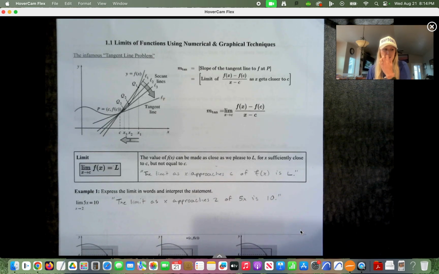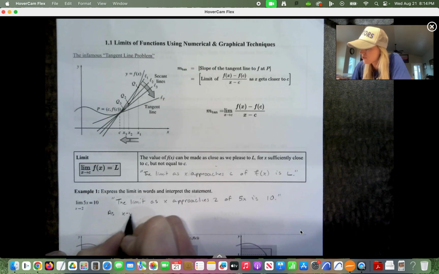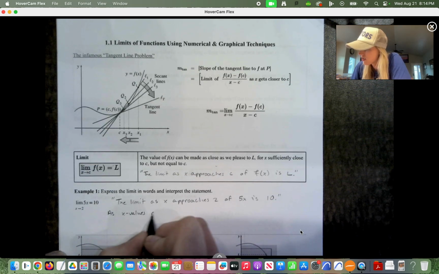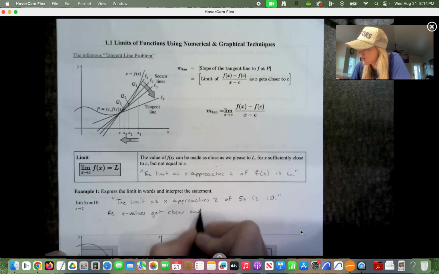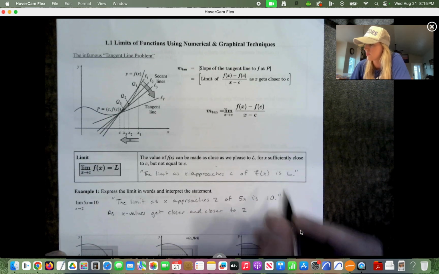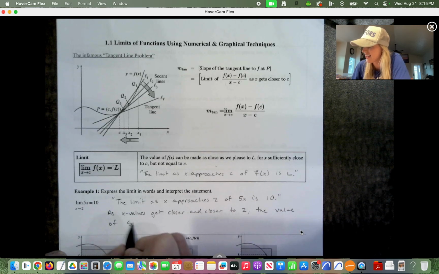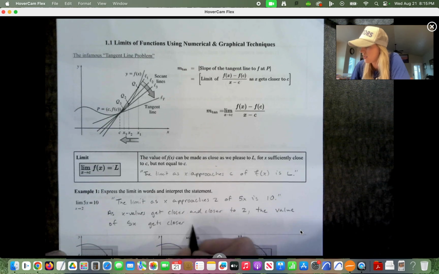What that means is as our x values get closer and closer to 2, the value of 5x gets closer and closer to 10.